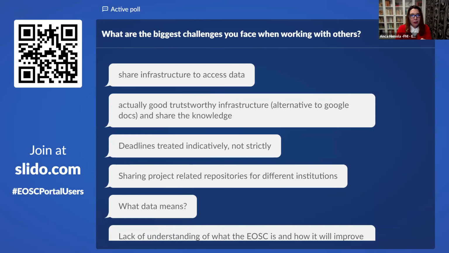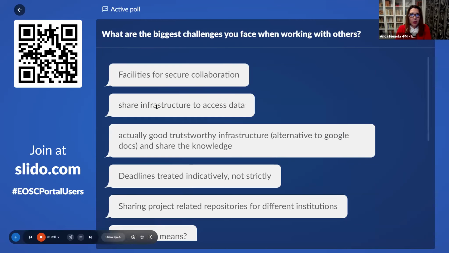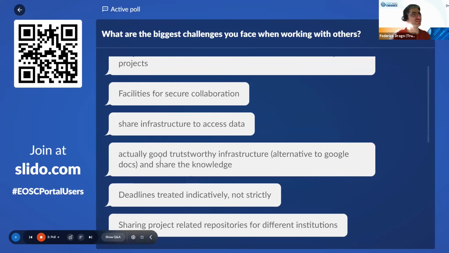I was hoping that people would ask for something like this, because if EOS would be able to provide this kind of platform, it would be great, but maybe they don't even think about this idea. Well, in a sense, maybe this comment here, that says a good trustworthy infrastructure in alternative to Google and share the knowledge. So it's kind of like a project platform.